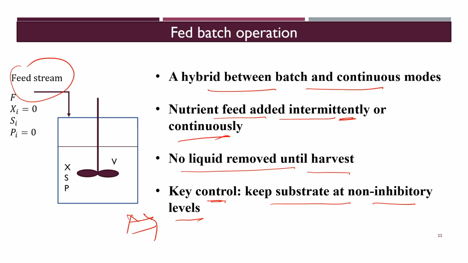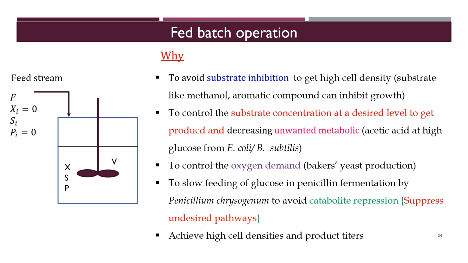It is very rare that fed batch is operated using enzymes. So, for fed batch operations we will be discussing cells, but before we go ahead, let us discuss further why to go about the fed batch operation, what are the key advantages of this fed batch system.